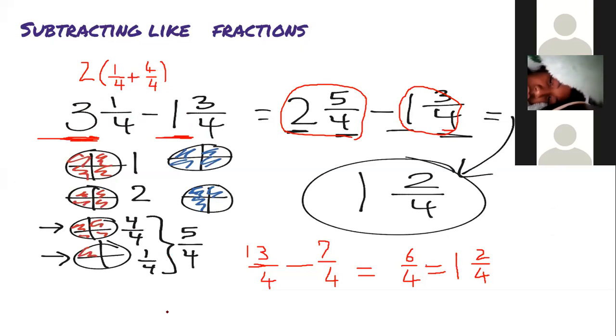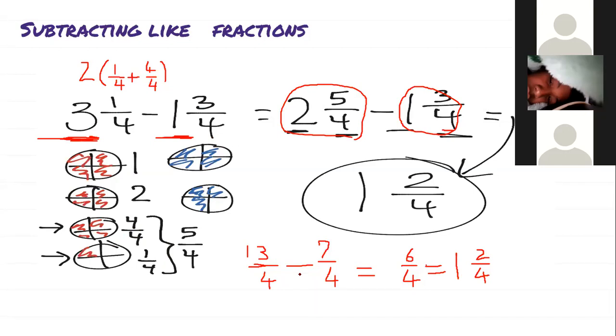I said here, 3 times 4 is 12 plus 1 is 13 over 4. 1 times 4 is 4 plus 3 is 7 over 4. 13 minus 7, because the denominators are the same, which is 6 over 4. Then I change it into a mixed fraction, and I'm done. So if you might not understand this one, let me try changing them both into improper fractions. Thank you, sir. Now I understand.